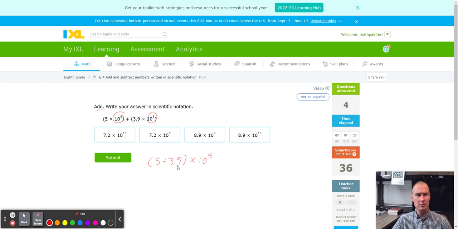So 5 plus 3.9 is going to take us to 8.9 times 10 to the 5th. Like I said, when you get a whole number in there and the exponents are the same, pretty nice. And that is going to be the third choice in this case.